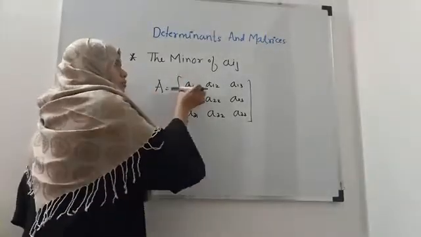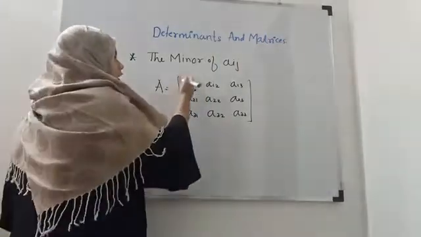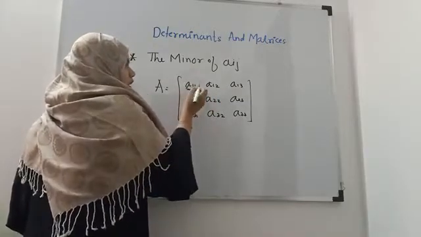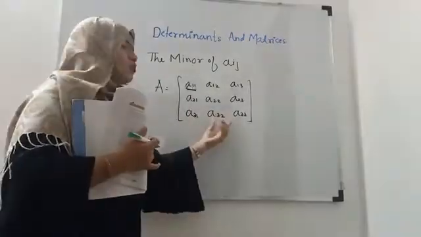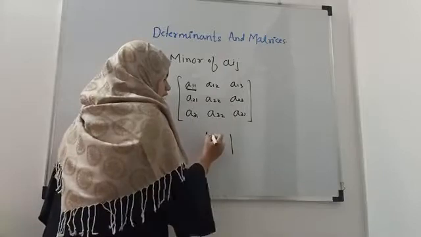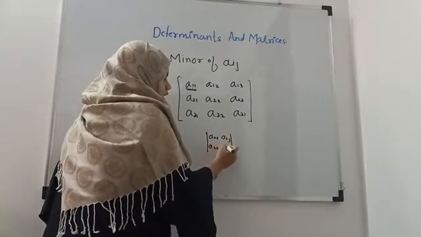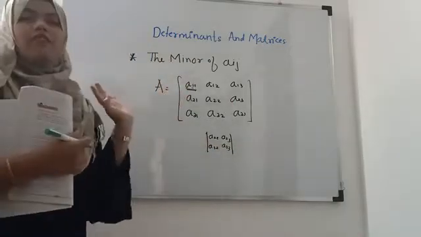To find the minor of A11, the rule is you have to eliminate the first row and the first column, and then find the determinant of the remaining entries, that is A22, A23, A32 and A33. So it will give you the minor for A11.